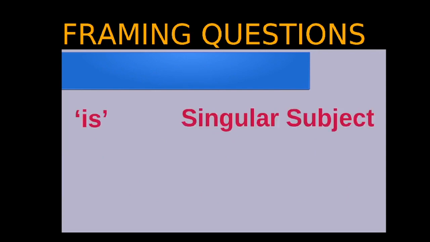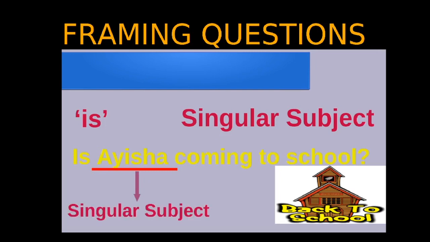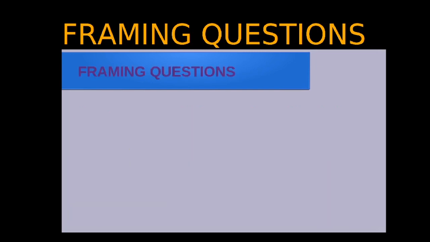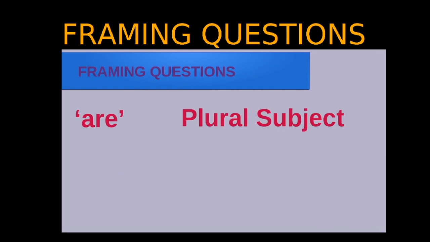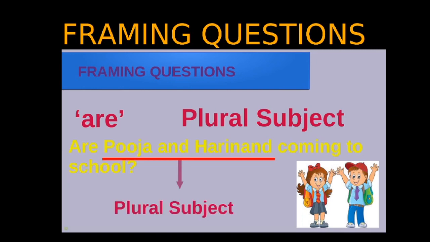Is is used with singular subjects. Is Aisha coming to school? Here Aisha is the singular subject. And are is used with plural subjects. Are Pooja and Harinand coming to school? So Pooja and Harinand are plural subjects.